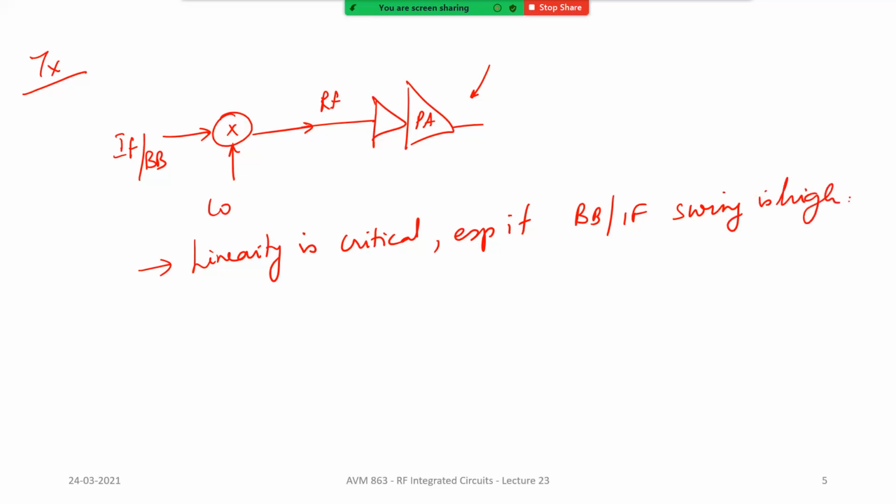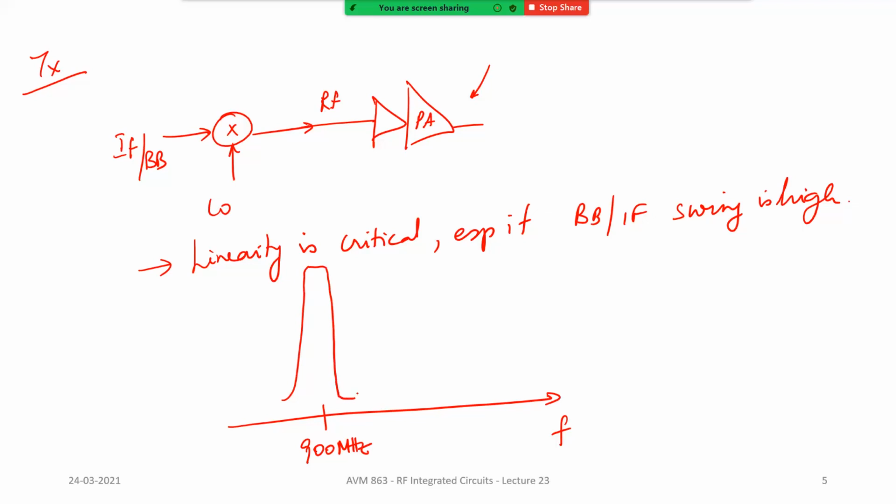Now, why would this swing be high? There is what is called the receive band noise concept. Let me explain this, so just pay attention. Let's say this is the spectrum. Let's say this is 900 megahertz where you are transmitting, and the transmitter is going to have really high power.